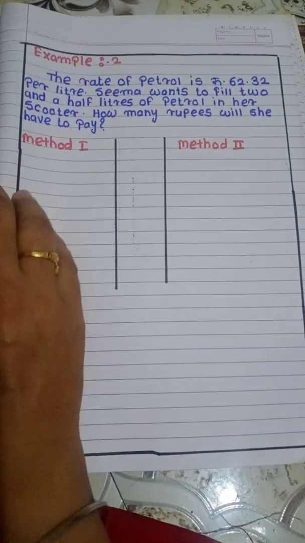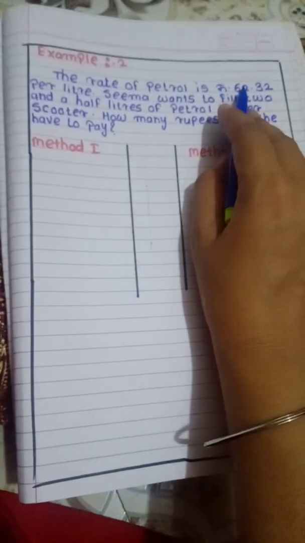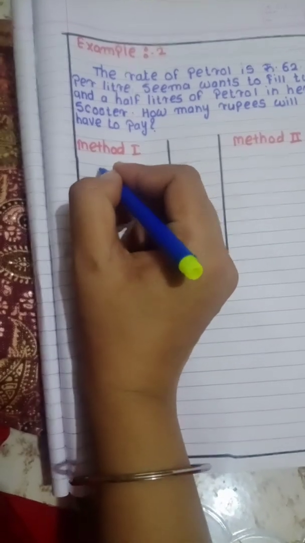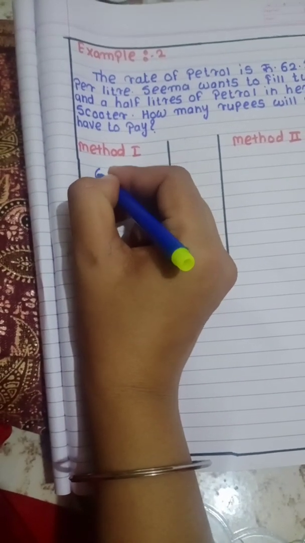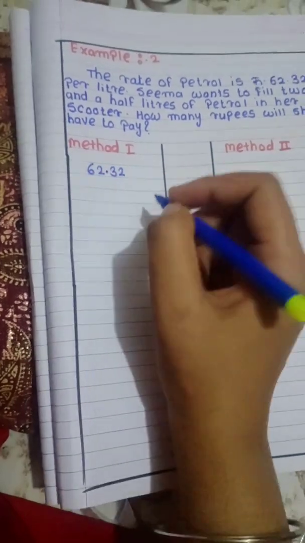What is the information you are getting here? Rate of petrol, it is given. Rate of 1 liter petrol is how much? 62.32. So I'll write here 62.32.